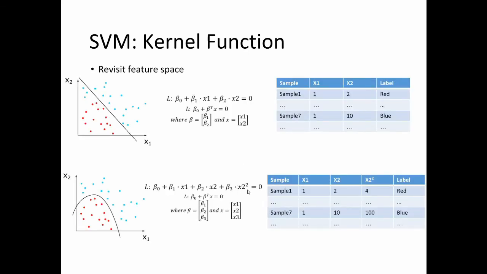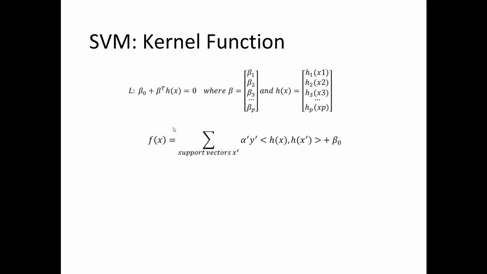So h3 would just square whatever you input. h1 and h2 would just give the same x1 and x2 in this case. And it shouldn't surprise you that if we write the decision boundary in this form, we substitute the x with h(x), the SVM will give us the same format of the decision boundary, except that the x now becomes h of x, right?